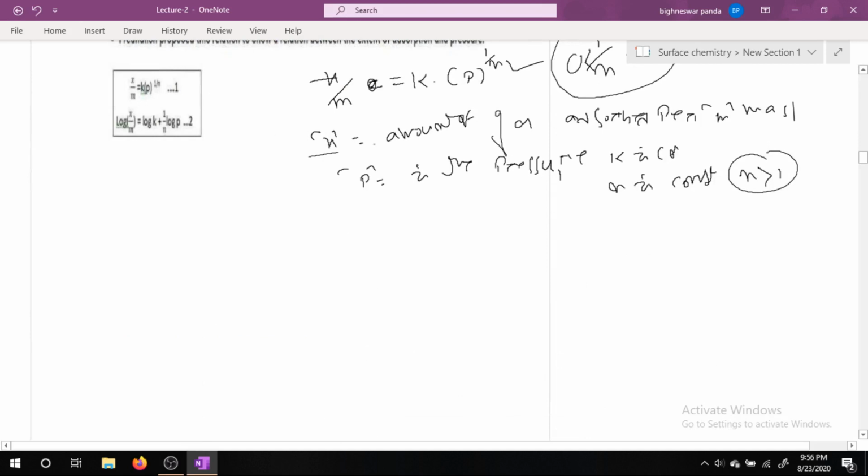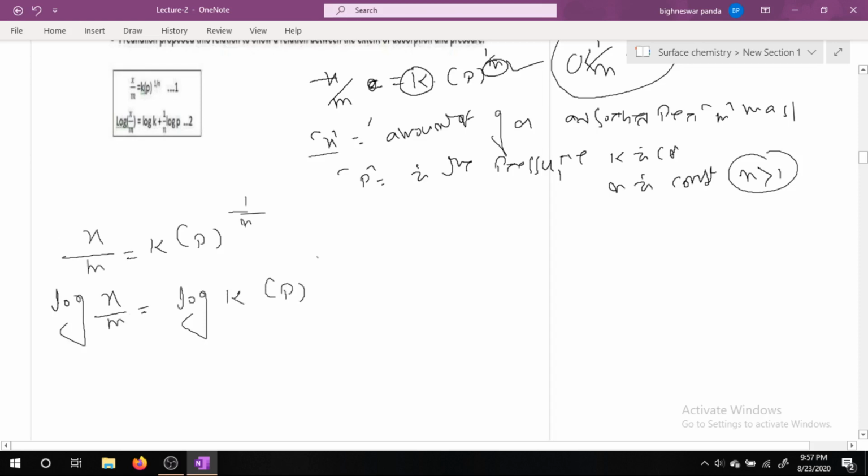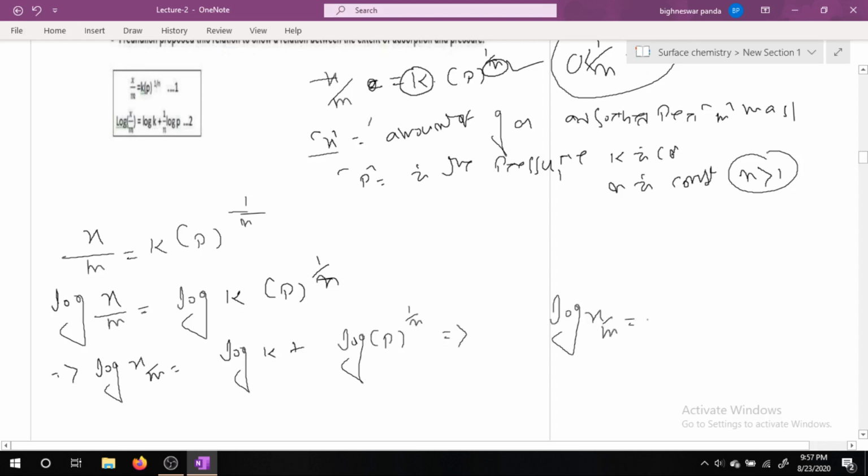So how to calculate the value of K? We have the relation x by m is equal to k into p power 1 by n. By taking log on both sides, log x by m is equal to log k plus log p power 1 by n, which means log x by m is equal to log k plus 1 by n log p.